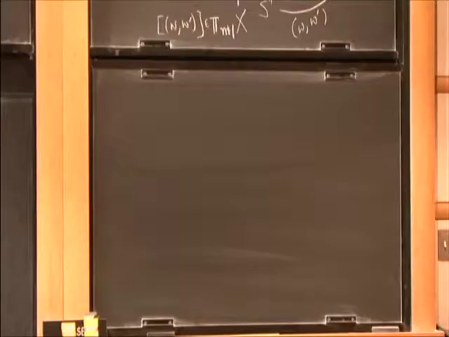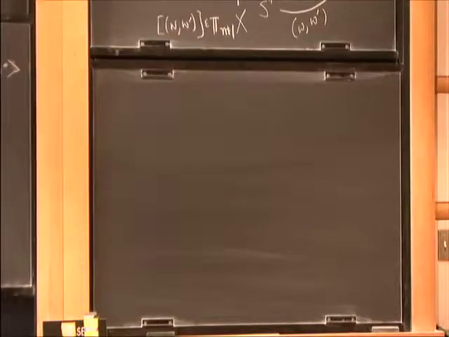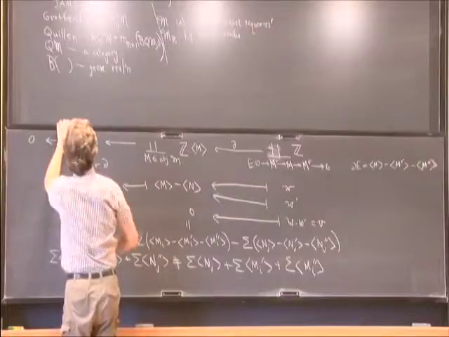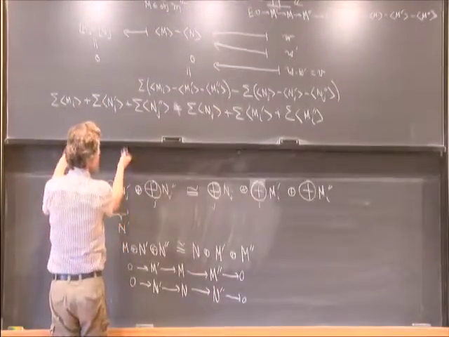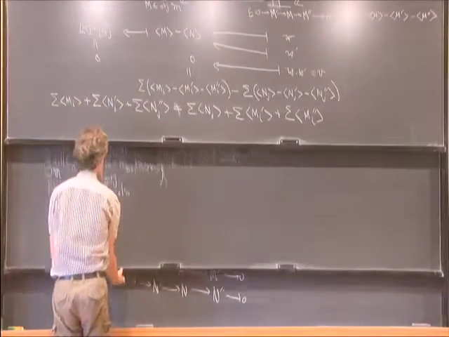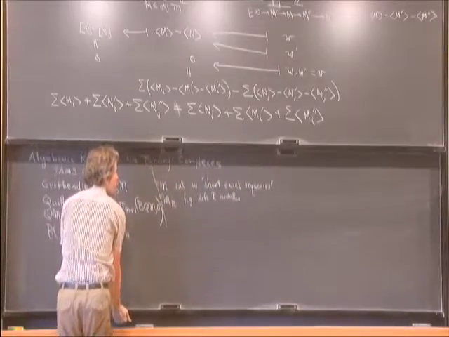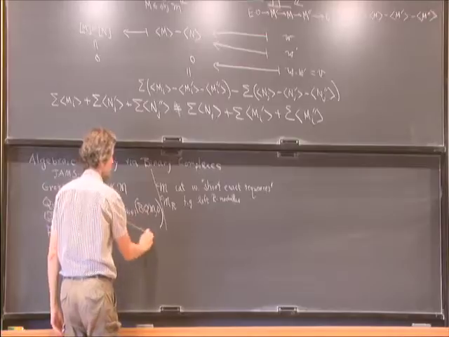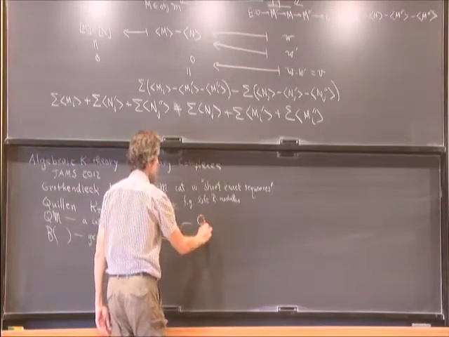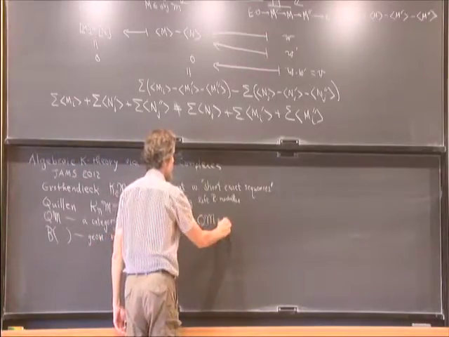To do that, I have to recall Quillen's definition of the algebraic K group. Let's just bring down that board and write it on that same board. So this category, QM, is a category.